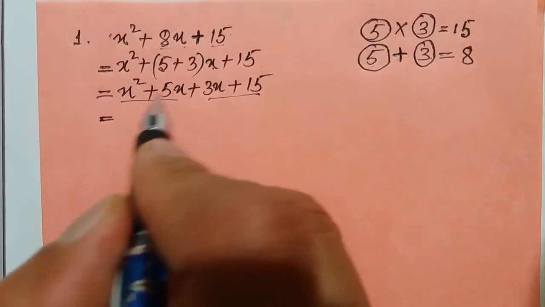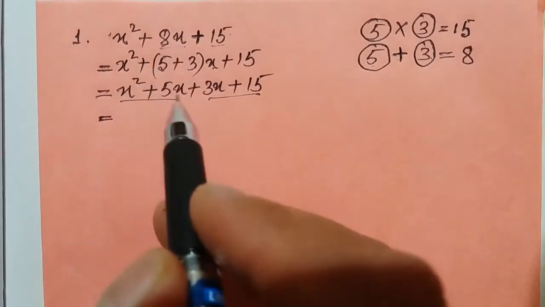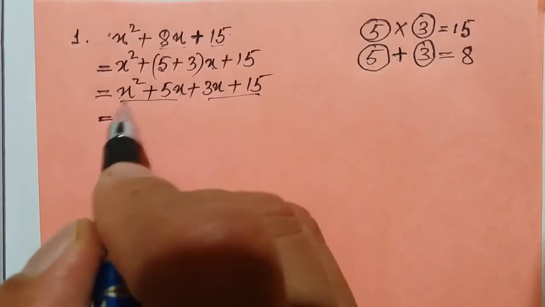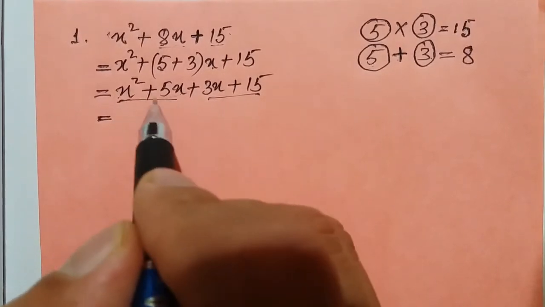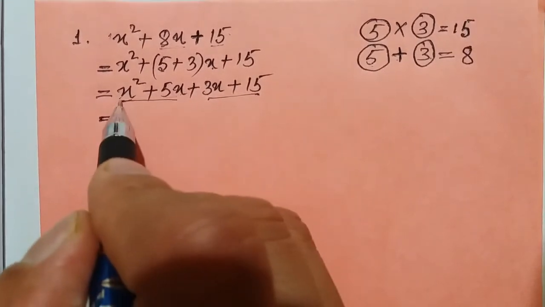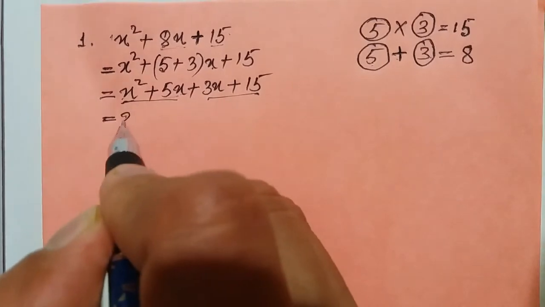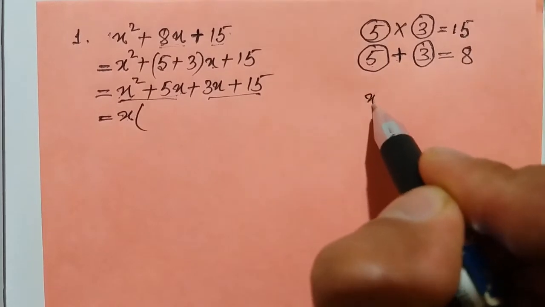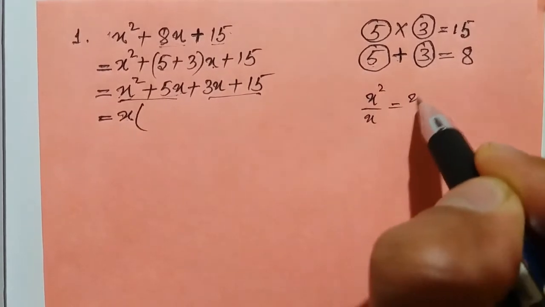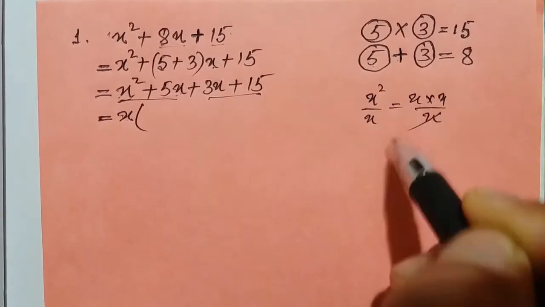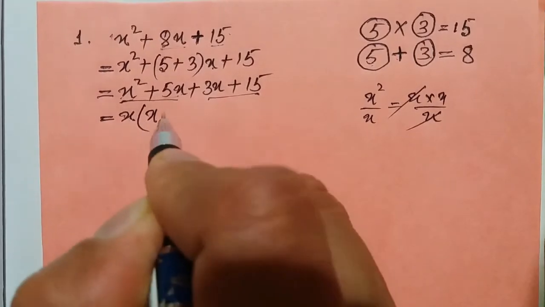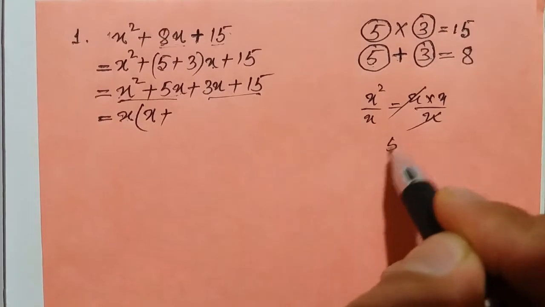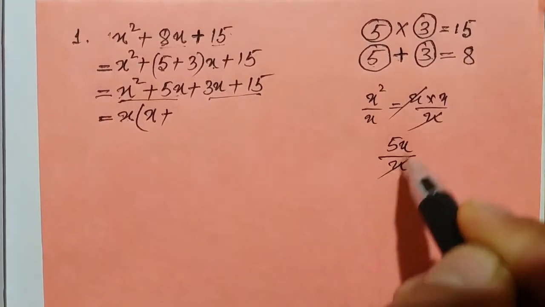Taking common is nothing but dividing both the terms by the same thing. So here we have x, here also x, so we can divide both the terms by x. So x square divided by x is x. Now 5x divided by x, you have here 5.